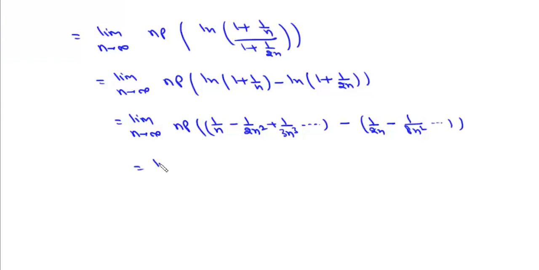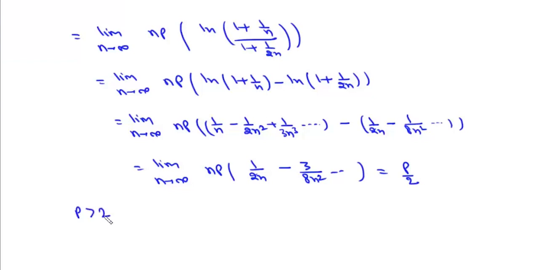So it will be this limit n tends to infinite np. Now this is 1 by 2n, and here it is minus 3 by 8n square. When we multiply this n, we'll get this limit as p by 2.